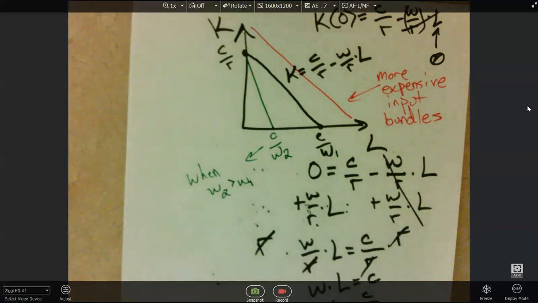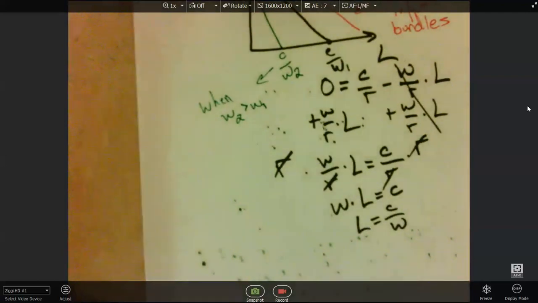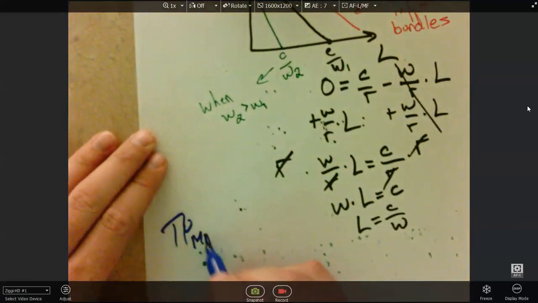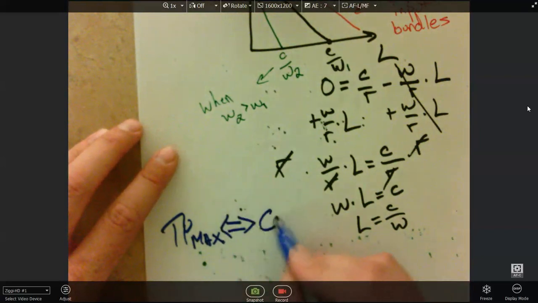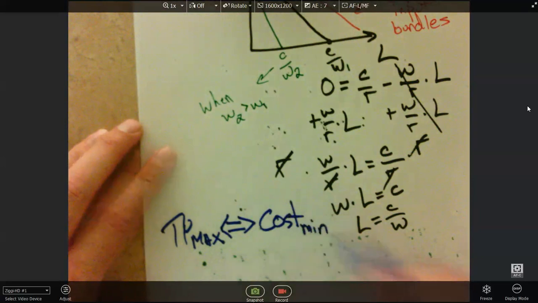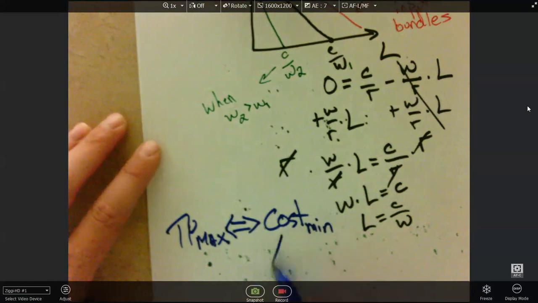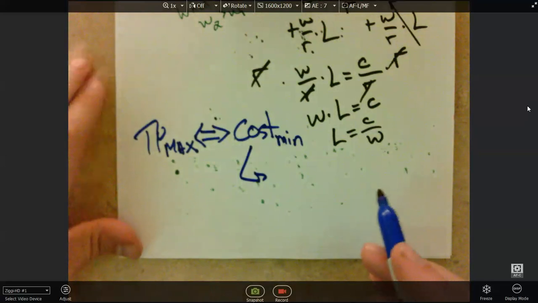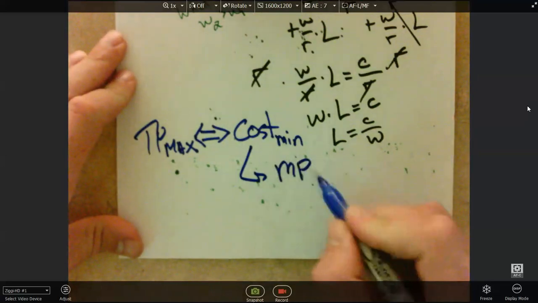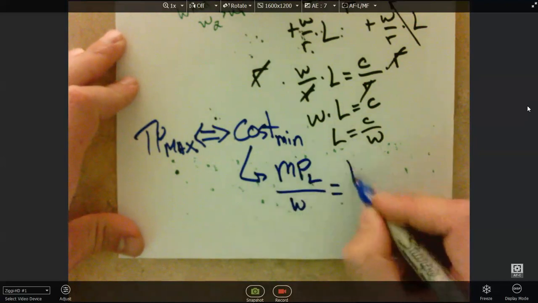So at the end of the day, we cannot forget that for producers, profit maximization is the same as cost minimization, right? And so what's our cost minimization rule? We're going to produce at a given level where the marginal product per dollar spent is equal for the labor and the capital.